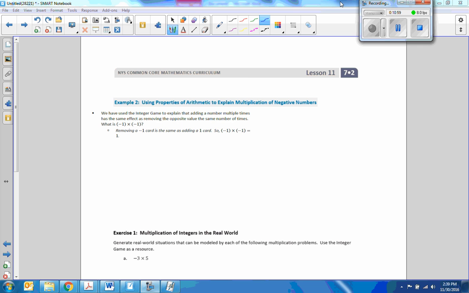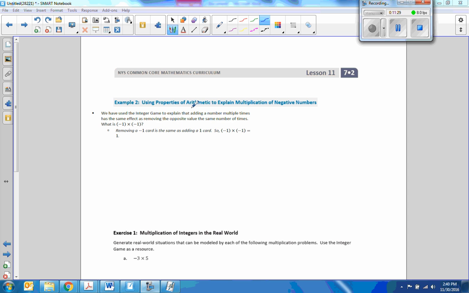Okay, so example 2 says using properties of arithmetic to explain multiplication of negative numbers. So thinking about the integer game with cards. If we add a number multiple times, it's the same as removing the opposite. Think about that. So if I have an ace in my hand, and I have 3 of them, that's worth a total of 3 points.